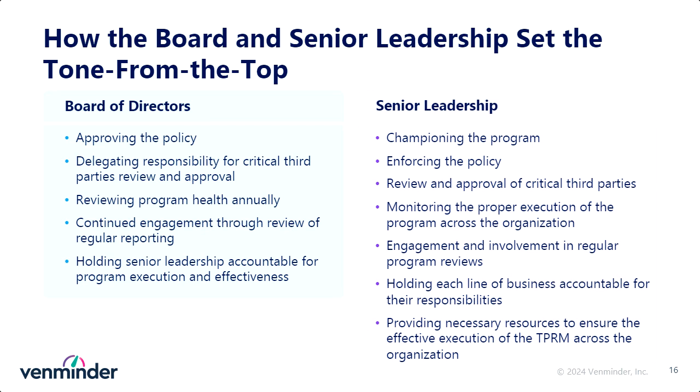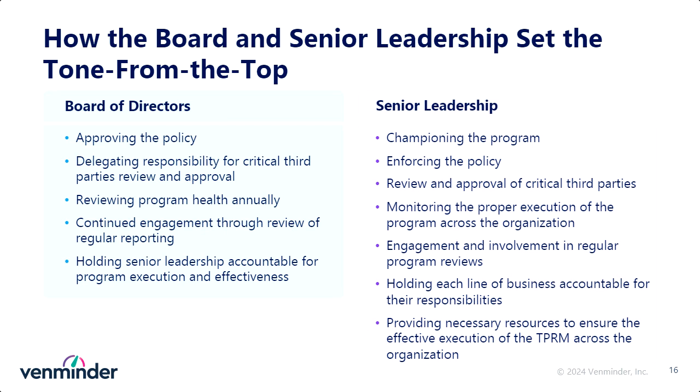So how do the board and senior leadership set the tone at the top? So obviously the board of directors approves the policy from what you define on a third-party risk management basis. They delegate responsibility for the reviews, but they want to hold senior leadership and other team members accountable for executing on this program and obviously provide any sort of high-level guidance and changes in terms of governance structure.